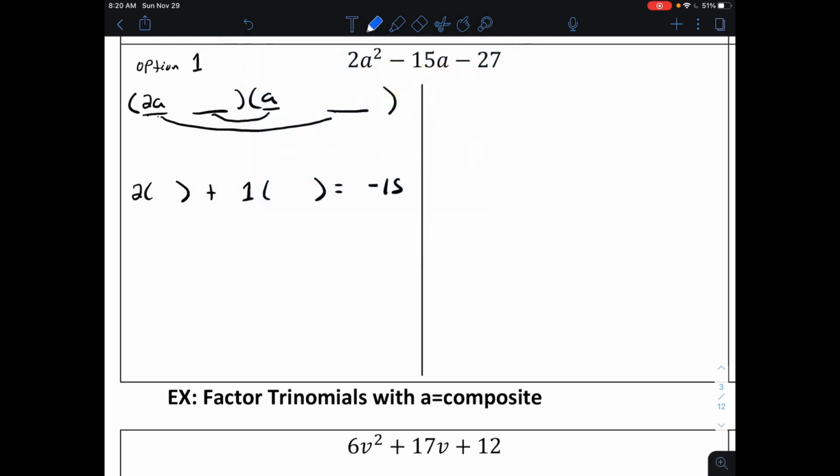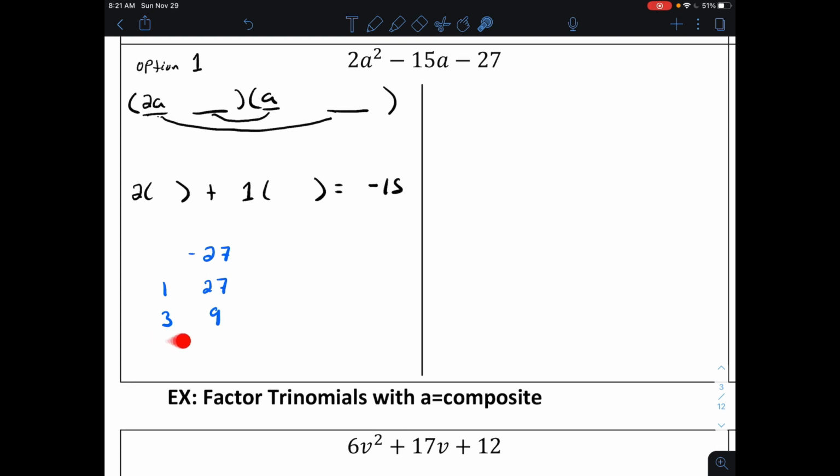Those numbers that I'm picking from have to be the factors of, in this case, negative 27. Looking at it from a 27 standpoint, I have 1 and 27, and then we have 3 times 9. And so that's really all we have to work with, and I'm trying to figure out which pair will make negative 15 in the middle.